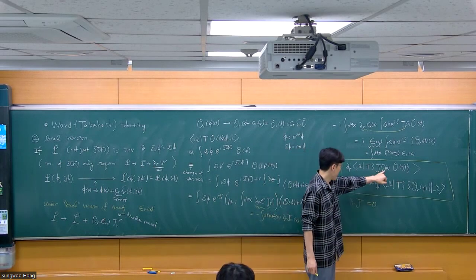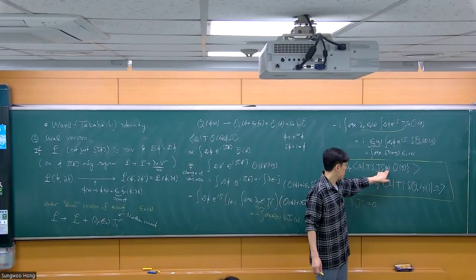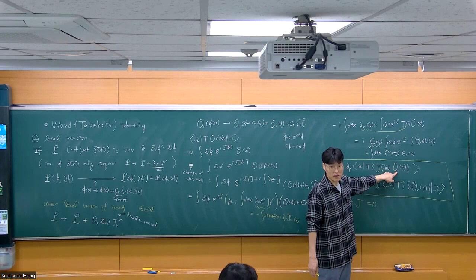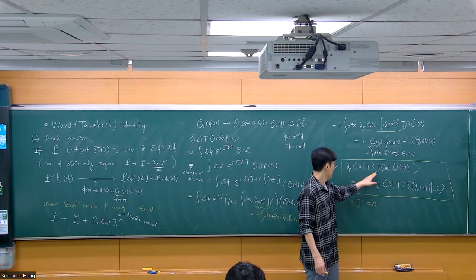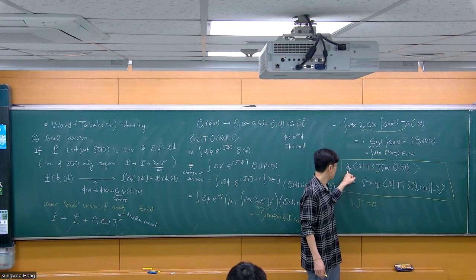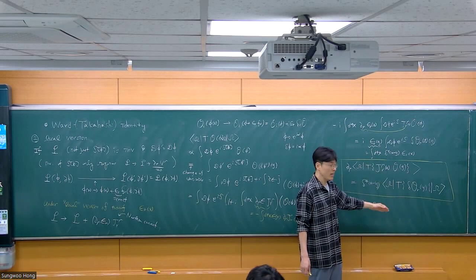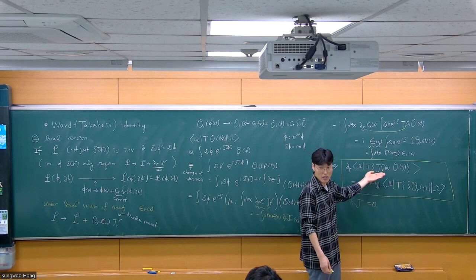So suppose x, where you inserted a current operator, never coincides with the location of an operator inserted for other stuff, which means that this is 0. Then this equation just tells you that quantum mechanically the divergence of the expectation value of a current is 0. So you're happy to see this indeed, but quantum version.